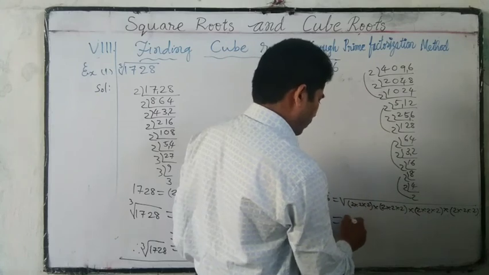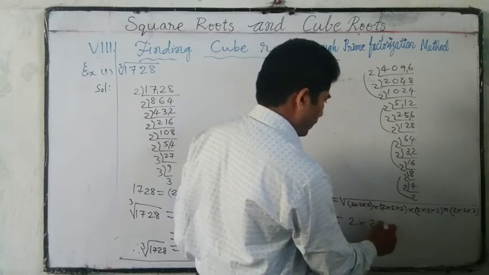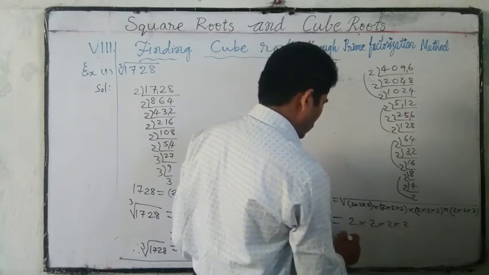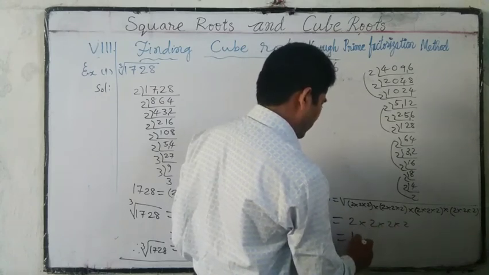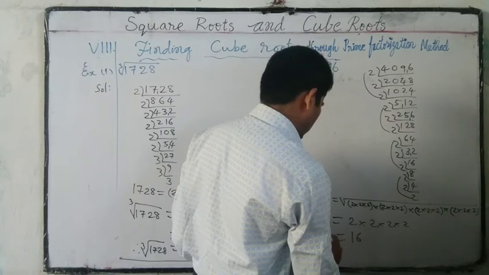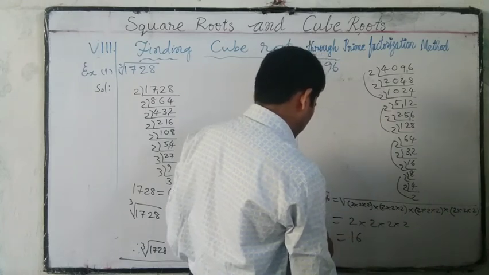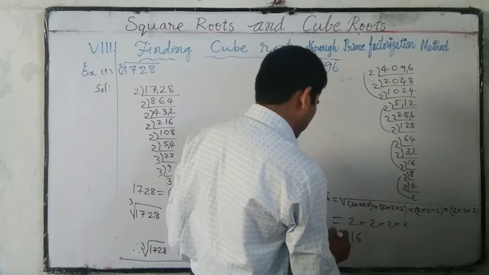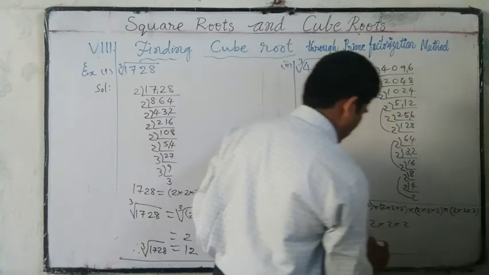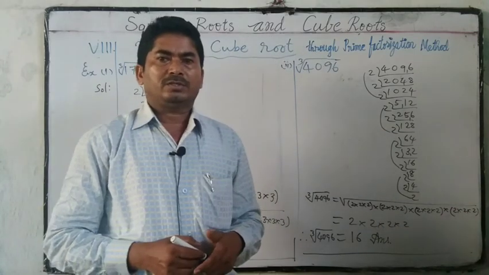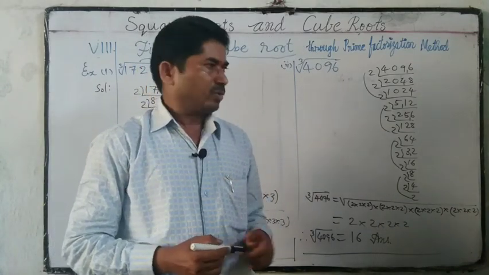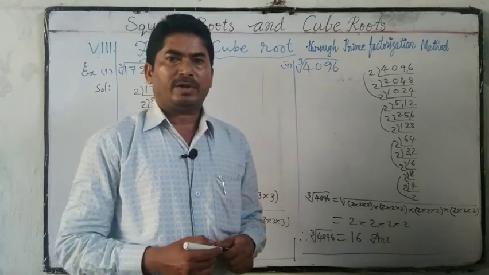From each group we have to take only one 2. 2 to the 4, 4 to the 8, 8 to the 16. So the cube root of 4096 is equal to 16. This is the answer. So this is the method of finding cube root of given numbers.